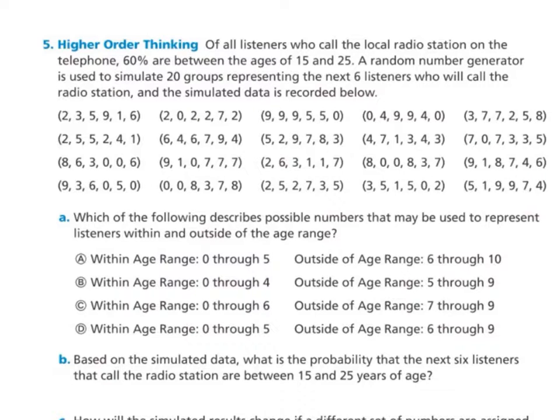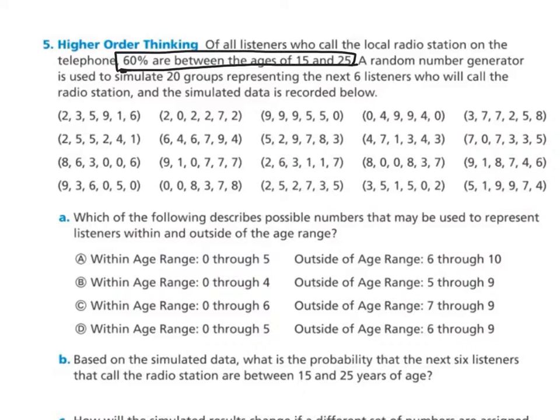Okay, so what we're doing on this problem is they are asking us what kind of way would we simulate this. So 60% are between 15 and 25, which means 40% are not going to be between that. So within the age range, that's the 15 to 25 age range. On A, we want 60% of the numbers to be within the age range, and 40% outside.